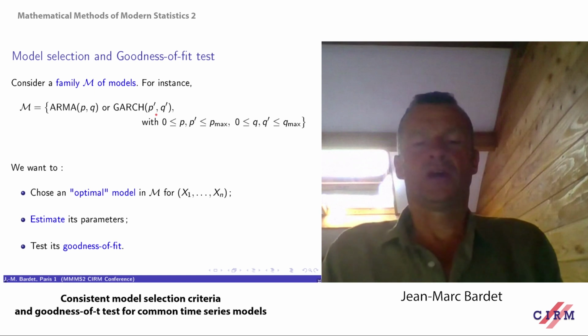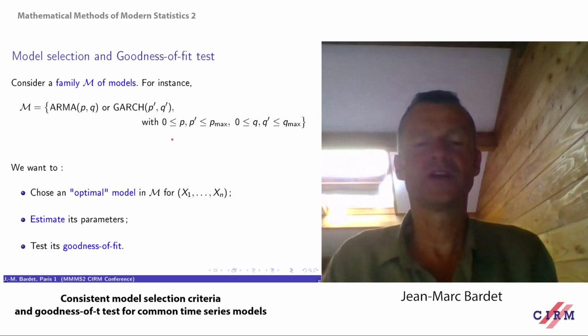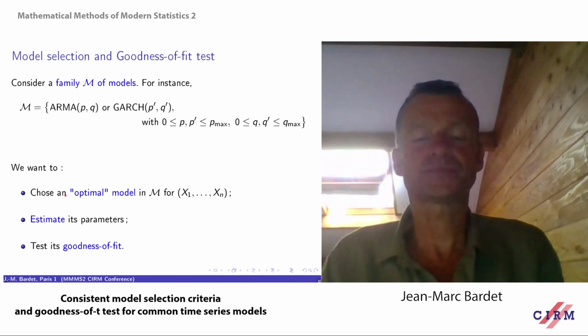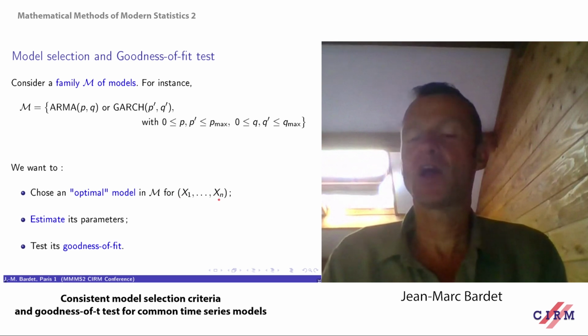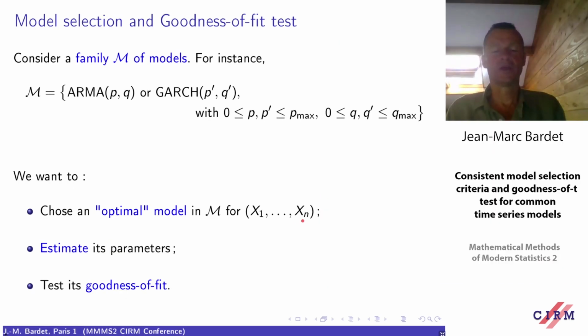For instance, if you count, you have 100 possible ARMA processes and 100 possible GARCH processes. And if you use all those processes, we would like to find an optimal model in this family for modeling x1 to xn, the observed trajectory, for instance the trajectory of log returns.